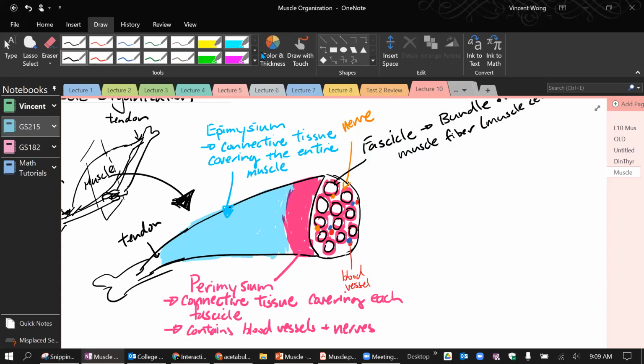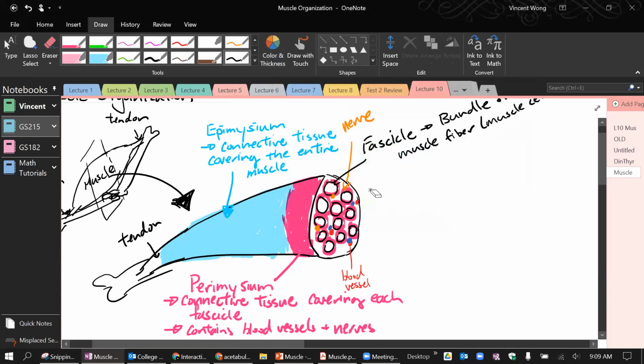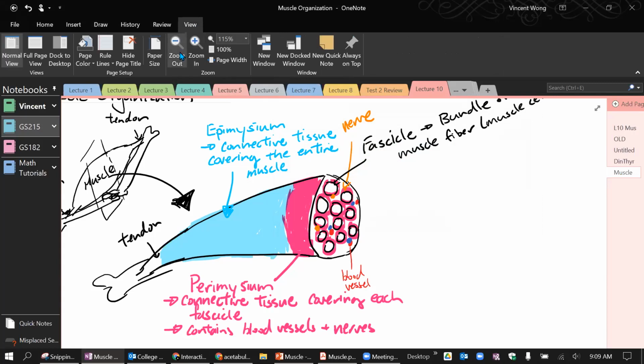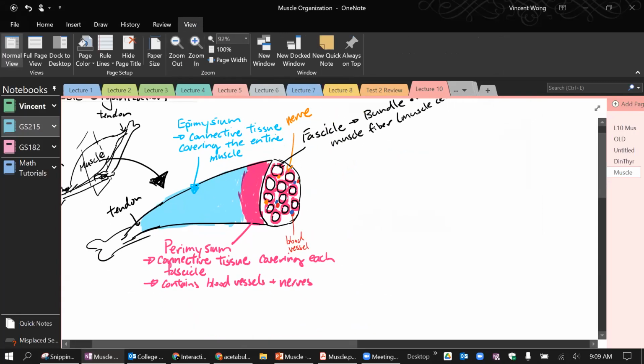What we're going to do next is pull out one of these fascicles. Think of it as a box of crayons. I'm going to pull out a crayon and see what it looks like. So I pull one of these things out, and I'm going to cut it open and see.